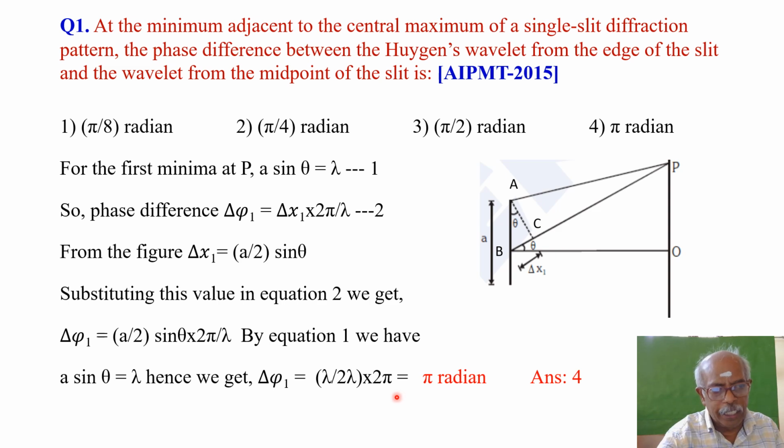So finally you get delta phi 1 is equal to pi radian. Okay, pi radian. Even otherwise, you know that the phase difference is 180 degree in the case of central maximum and first minimum. So option 4, pi radian is the right answer.